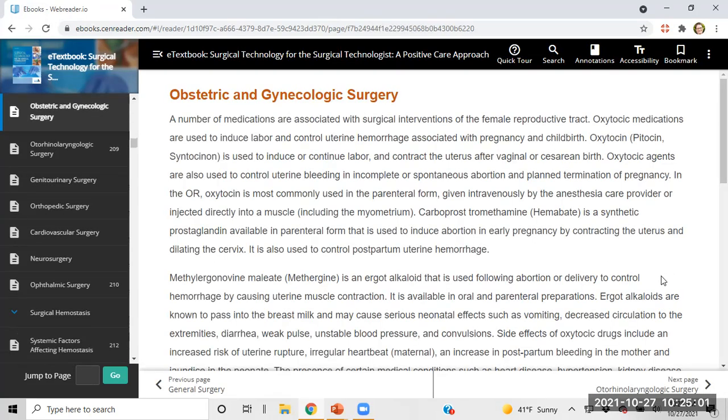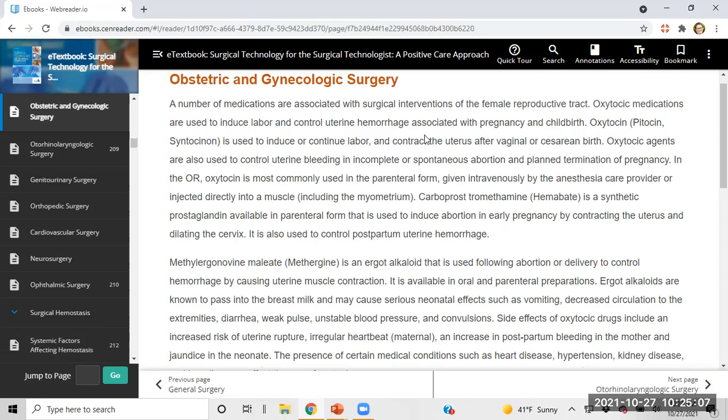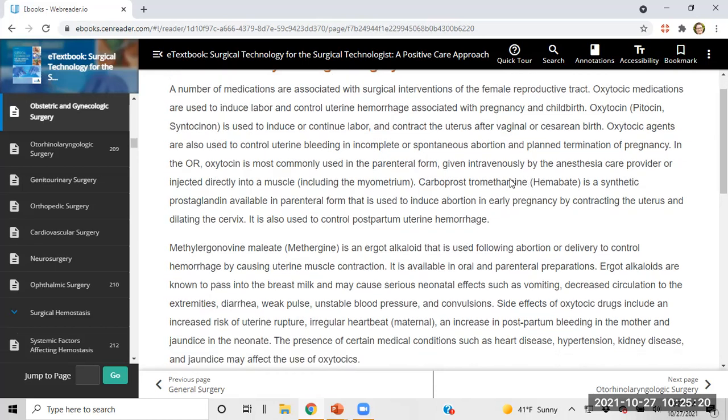opened up. Now in the OBGYN, you're going to see there's a lot of different medications used here. You've got oxytocin used to induce or continue labor. It's also used afterwards, after a vaginal or cesarean birth, just to help contract the uterus and control the uterine bleeding.